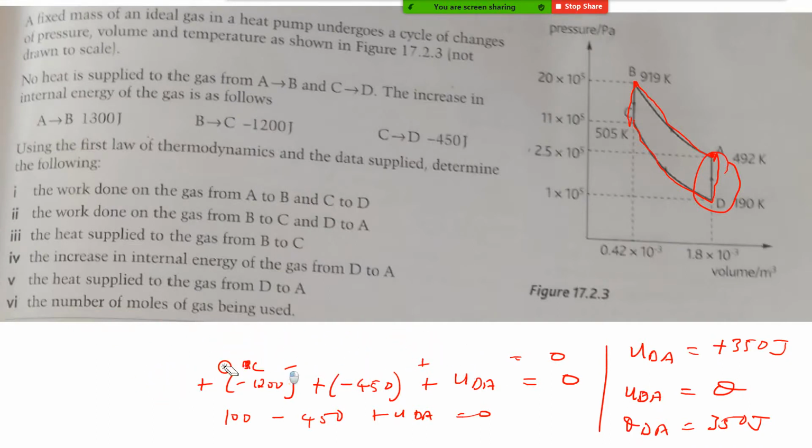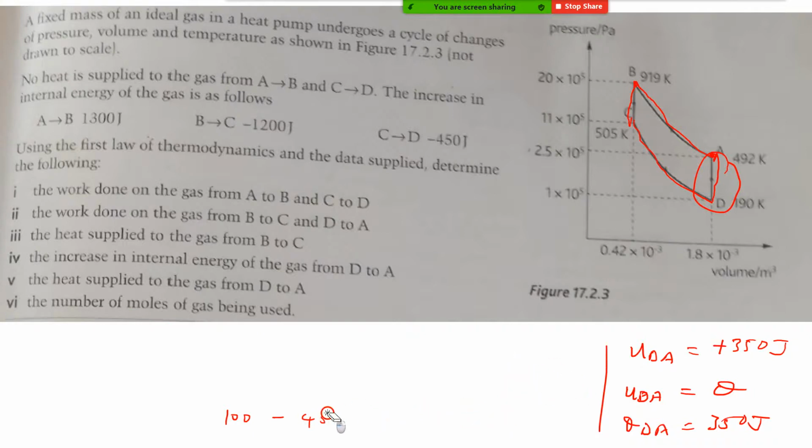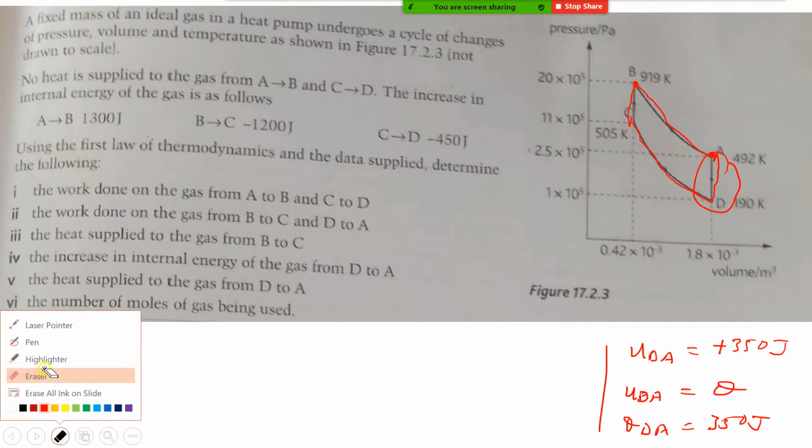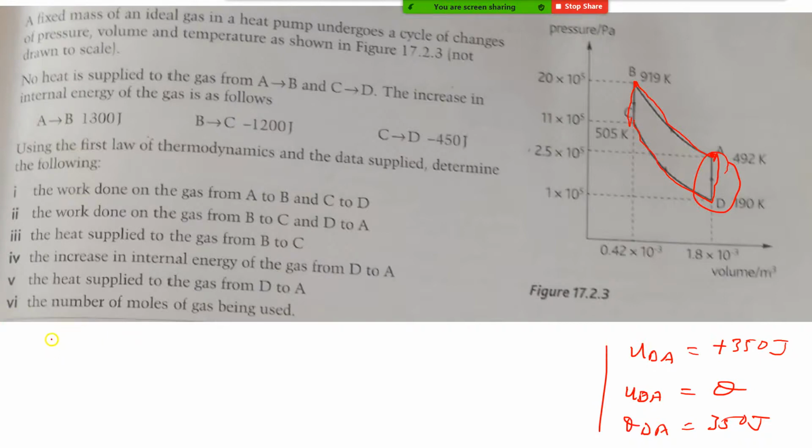So I was looking a while ago to find out whether or not they gave us a temperature value, but yes, they did give us a temperature value at the specific point. So what we want to do now is to find the number of moles. In order for us to find the number of moles, we must use an equation that links the number of moles, and that is PV equals nRT, right? So I can just consider one location.